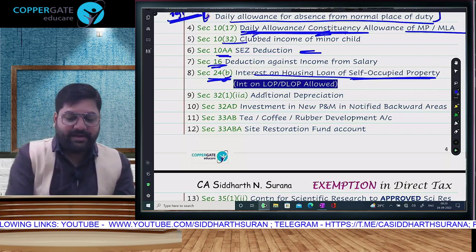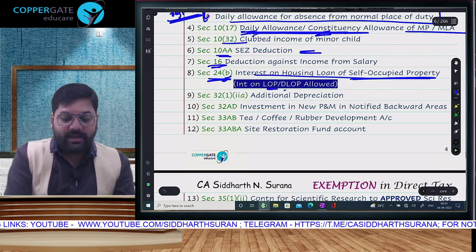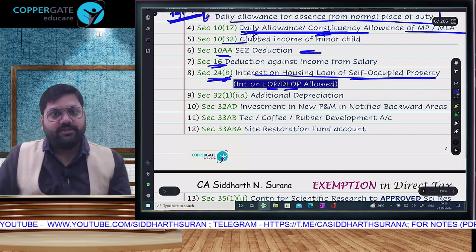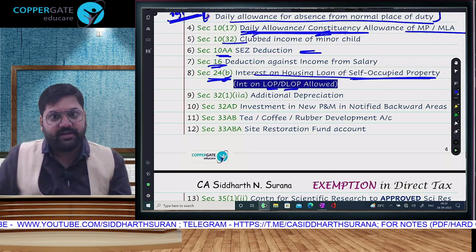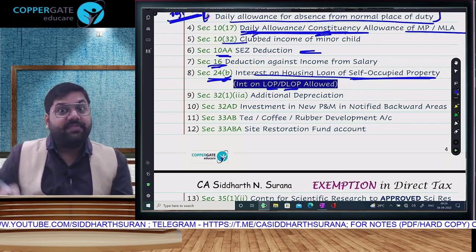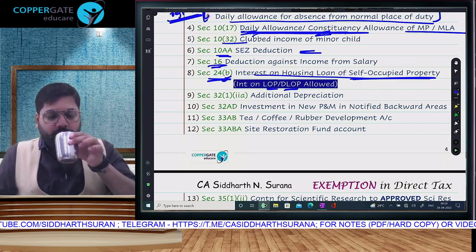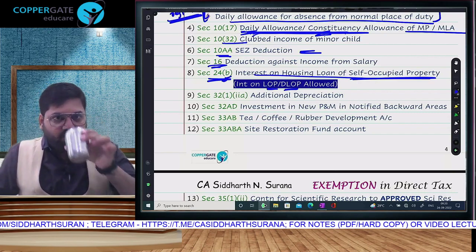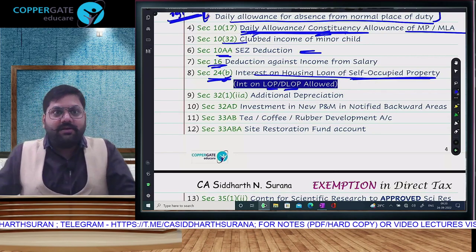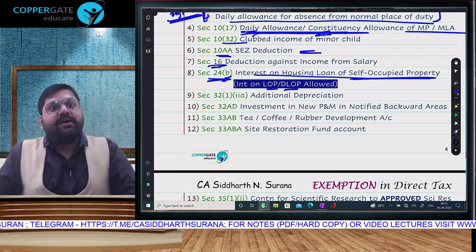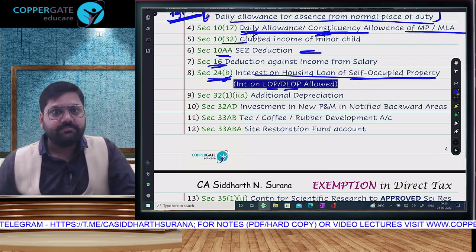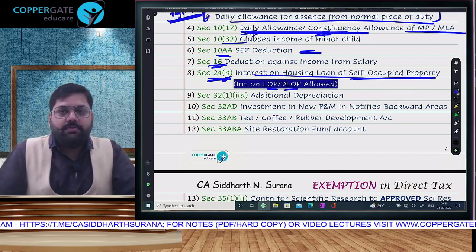Can a property be let out, or sometimes deemed to be let out? After your SOP is over, the locked houses are also treated as let out property. In that, are you offering taxable income? If you are offering taxable income, then we will allow you the interest deduction even in the new regime. See, in the old regime everything is allowed.